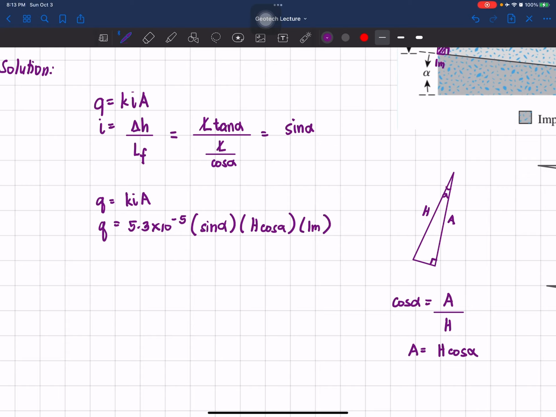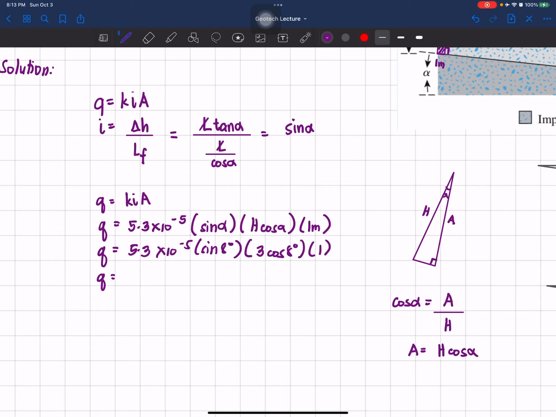So, 1 m. So, your Q now, substituting the values: sine of 8 degrees multiplied by h, which is 3 cosine of 8 degrees, multiplied by 1. So, what is now your Q?